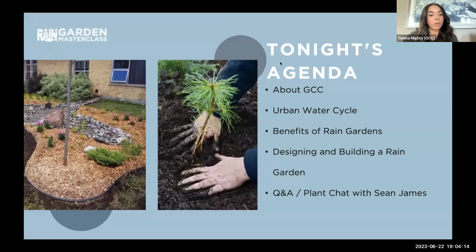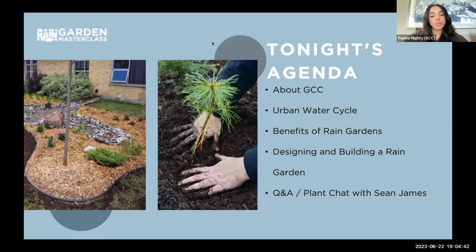So tonight's webinar will introduce you to some of the basic concepts of building your own rain garden. To start, I'm going to give a short introduction to Green Communities Canada, or GCC, for those who may not be familiar with who we are and what we do. We'll also discuss some stormwater basics and briefly overview the urban water cycle. I'm also excited to share the many benefits that rain gardens offer before moving on to some basic concepts for designing and building a rain garden.